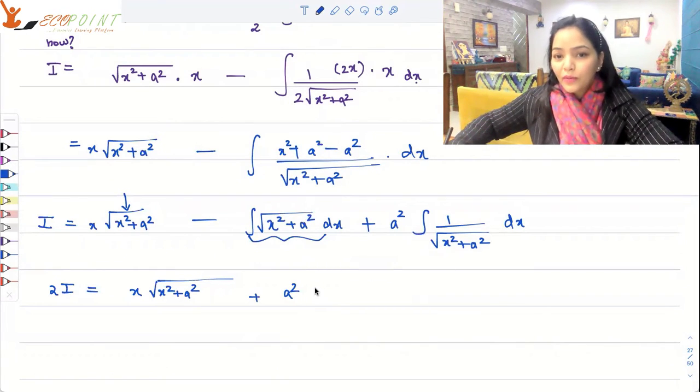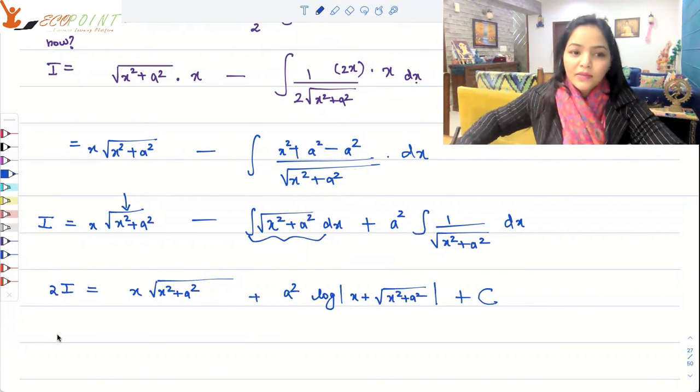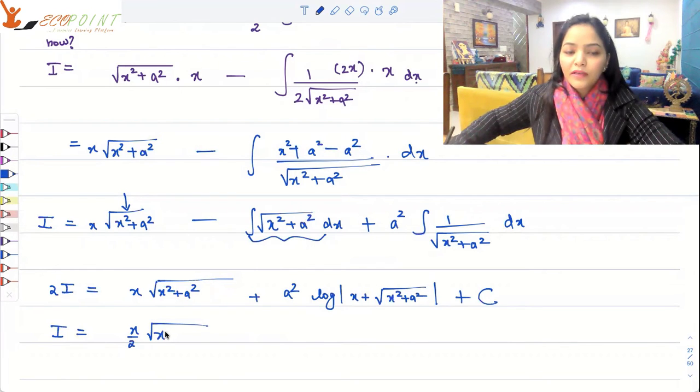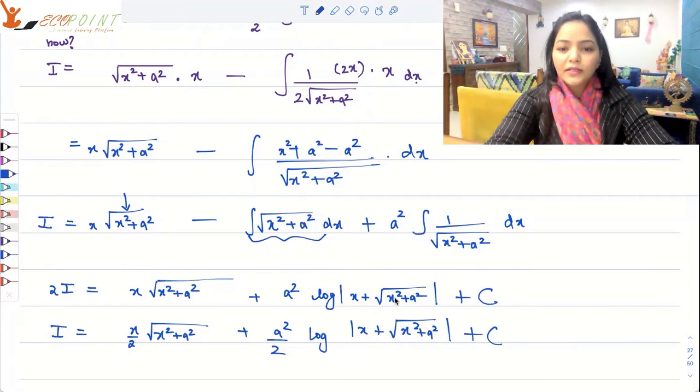Integral 1 upon square root of x square plus a square will give you log modulus x plus square root of x square plus a square plus c. And since you have 2 times I, so I will be x by 2 square root of x square plus a square plus a square by 2 log mod x plus square root of x square plus a square plus c, right? So this is what you will get.